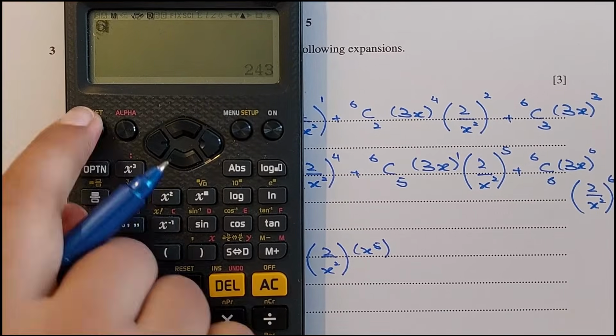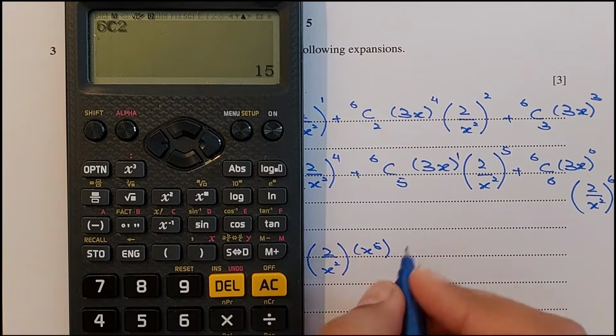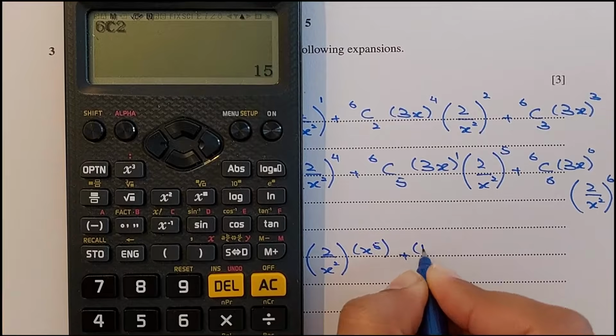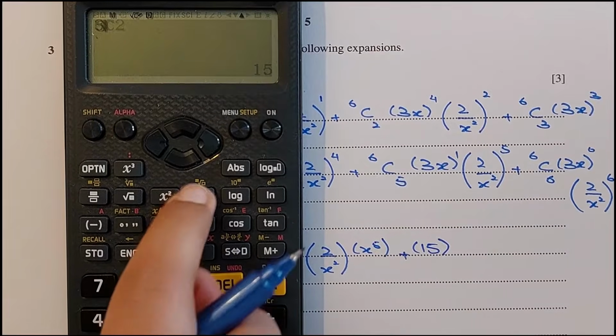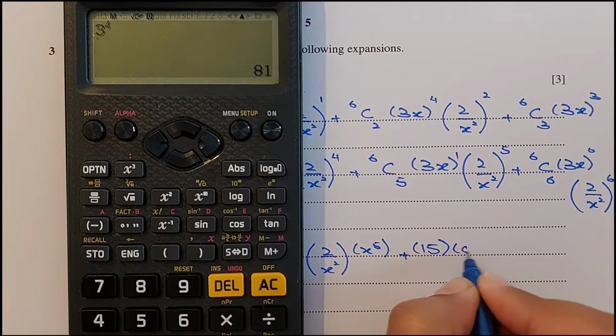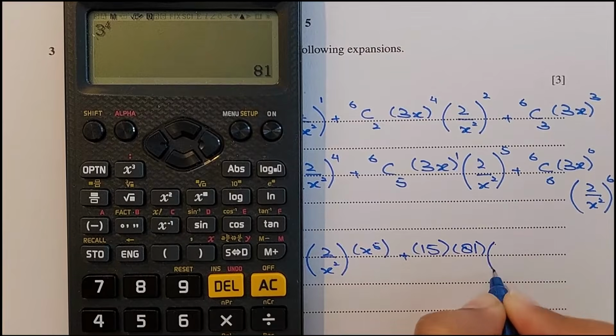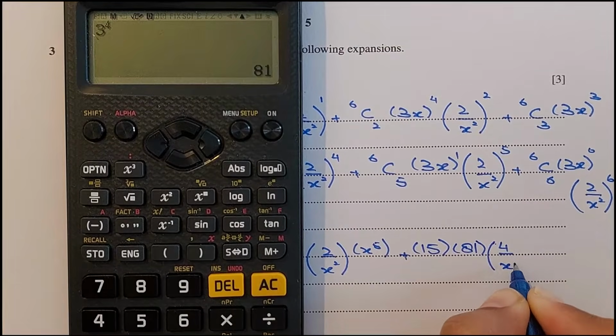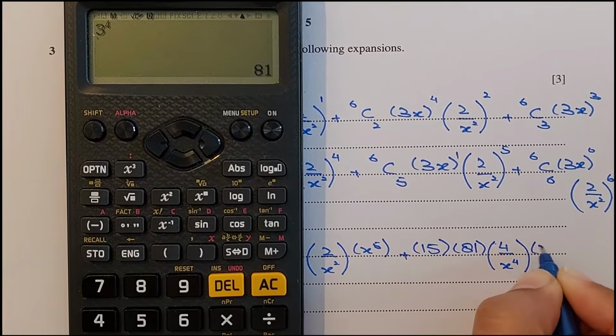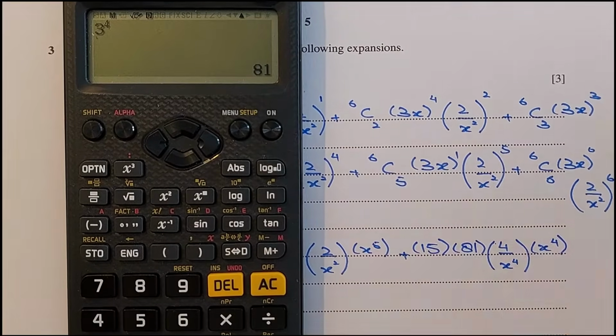Okay, 6c2 is 15, 3 power 4 is 81, 2 square is 4 over x square, which is x power 4, and x power 4 as well.